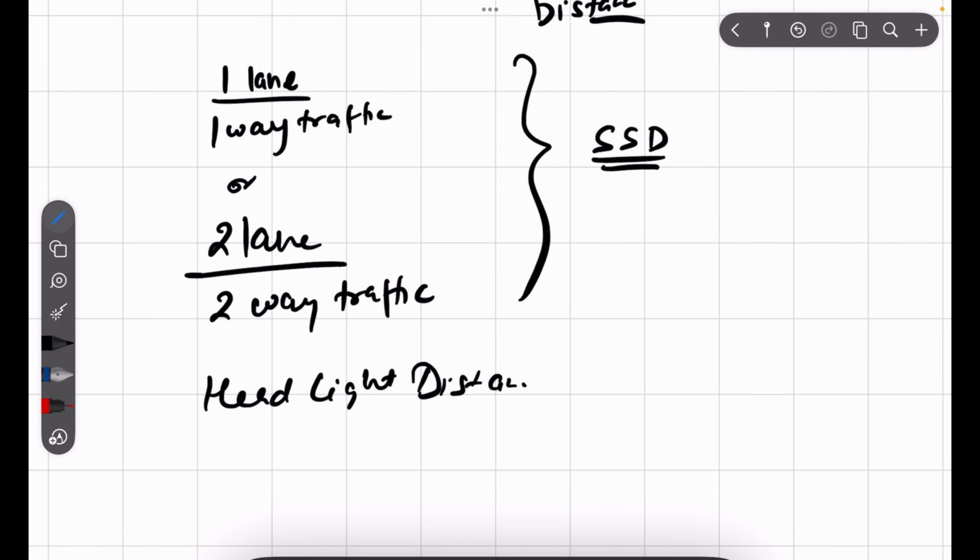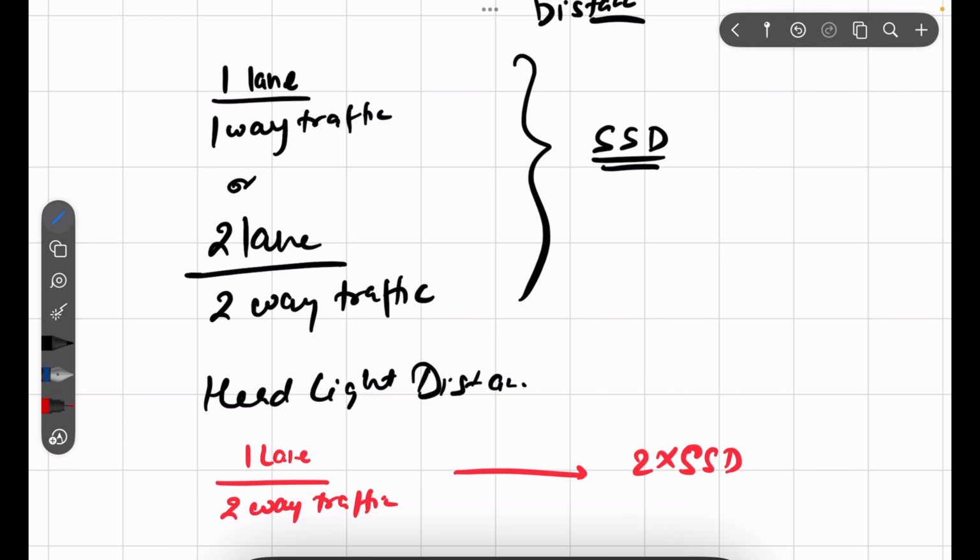However, in the case when we have one lane and two-way traffic, it becomes twice the stopping sight distance.